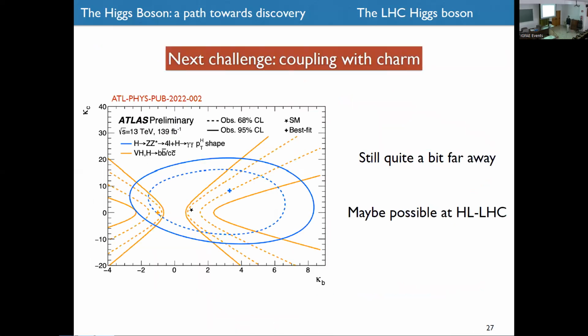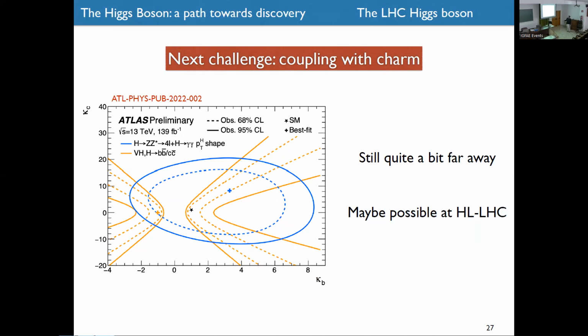For the measurement of other couplings, for now, the next challenge is the measurement of the coupling to the charm. So here we have some recent bounds that come from different processes. In this plot, we have the variation of the coupling to the charm, kappa charm, against kappa B, the variation of the coupling to the bottom.